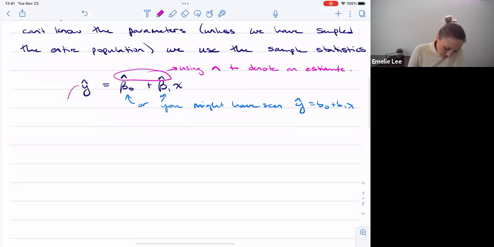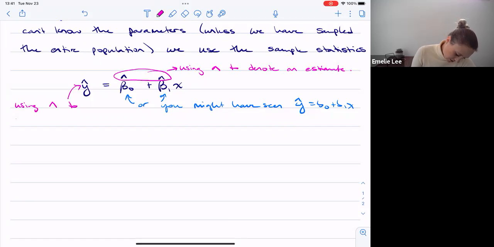Whereas here, Y hat, context tells us, is different: Y hat is the predicted value of Y, so here we're using the hat to denote the predicted value.